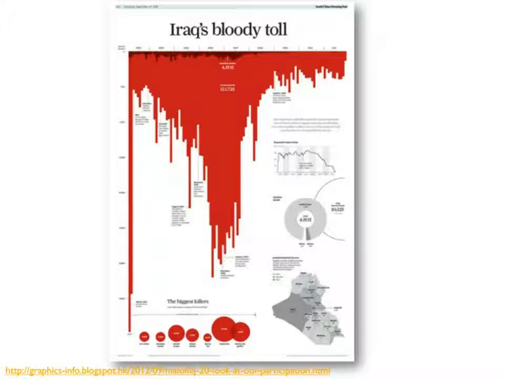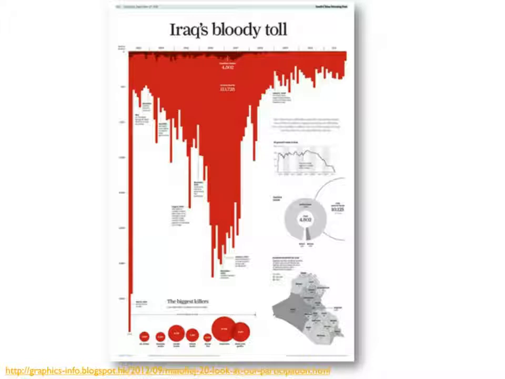From 2003 to 2012, what Simon Scarr chose to do was to point the bars downwards. So it was a good chart with a slightly unconventional direction. He painted those bars red, and he said, Iraq's bloody toll. So he used the title and the imagery to create a very opinionated graphic.